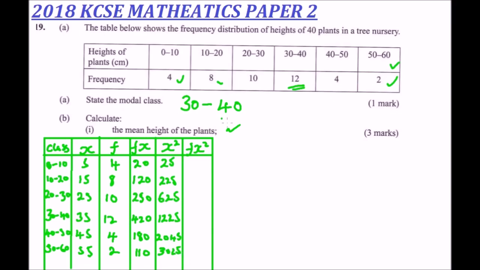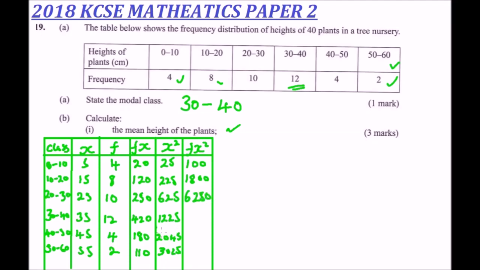Finally, we multiply our frequency by x squared. That is 4 times 25, this will give us 100. Then we have 8 multiplied by 225. That will give us 1800. Then 10 multiplied by 625, that is 6250.